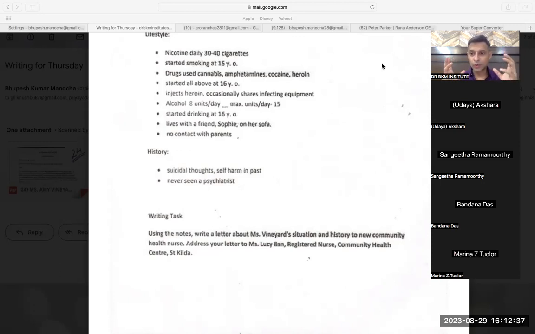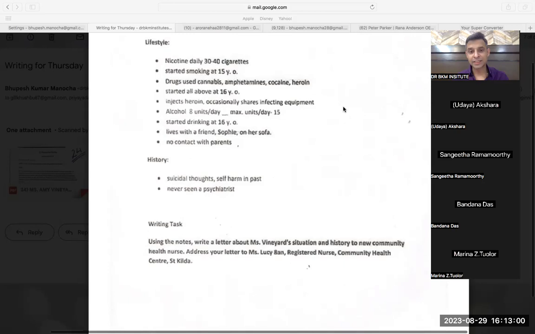So what you need to have in OET writing is the mindset of a nurse. If you are writing to a psychiatrist, you will include the psychological issues. If you are writing to the physiotherapist, you will write about the ambulating issues, whether the patient is able to ambulate, or regarding the mobility. So this is the most important thing.